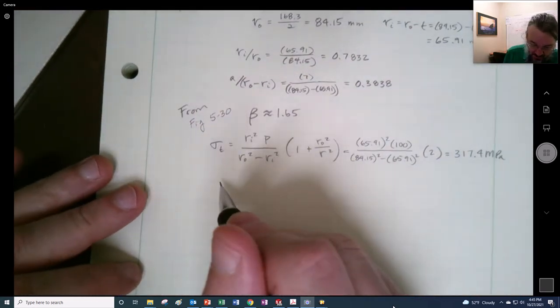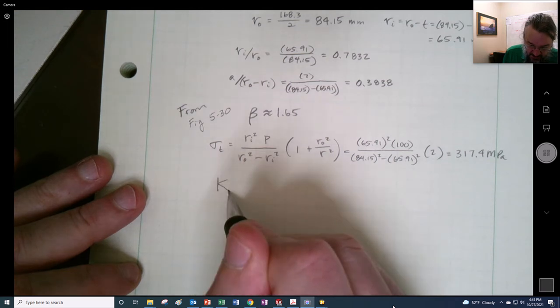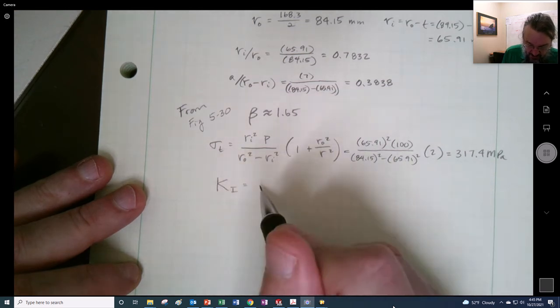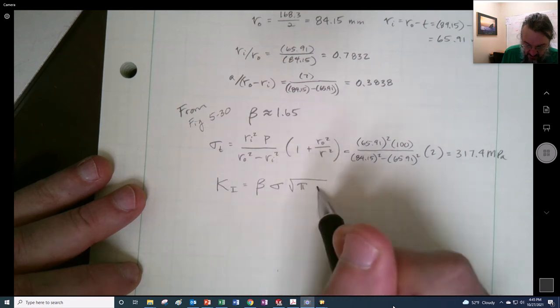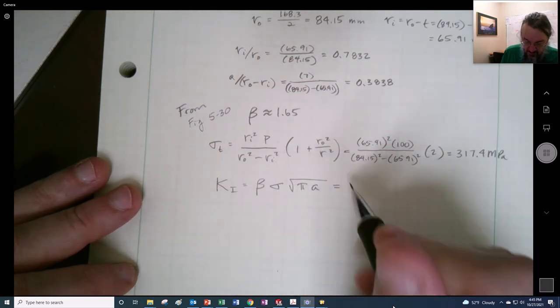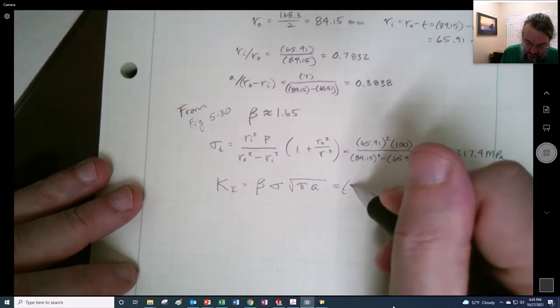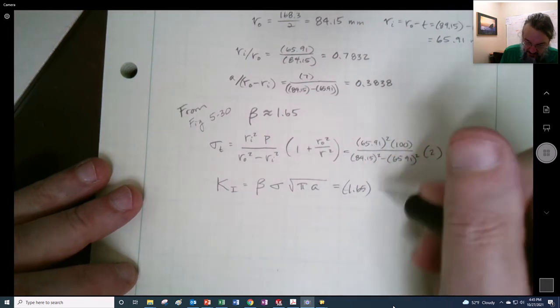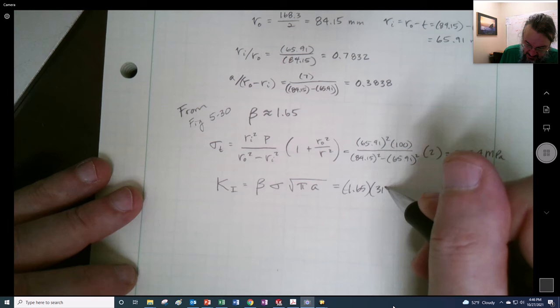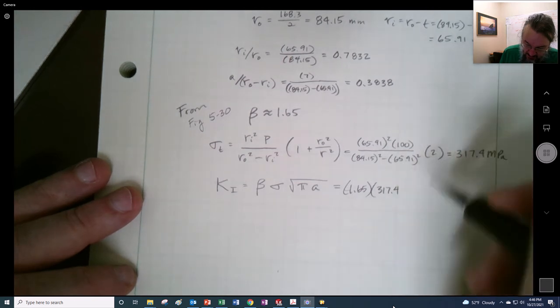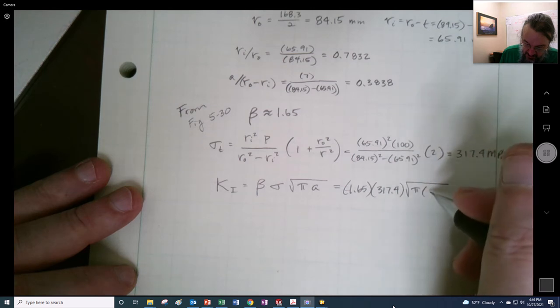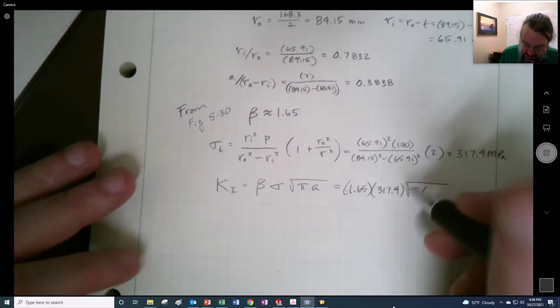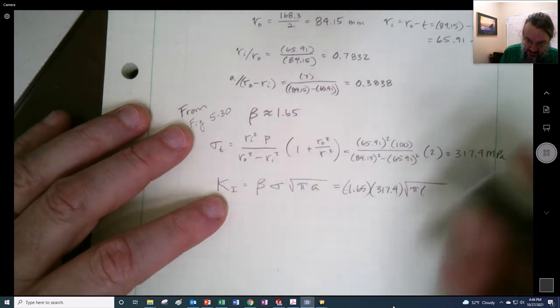And we know that the equation we use for this is KI equals beta sigma square root pi a. So we're going to take 1.65 times our 317.4 times square root pi a, and because it's megapascal, we want this in megapascal square root meters.